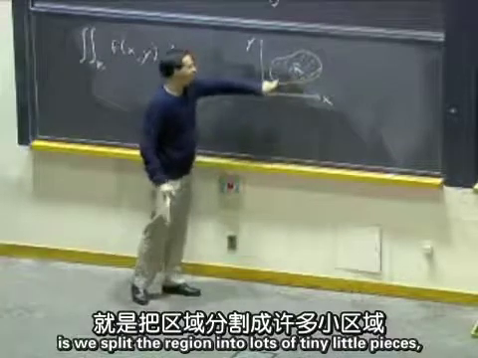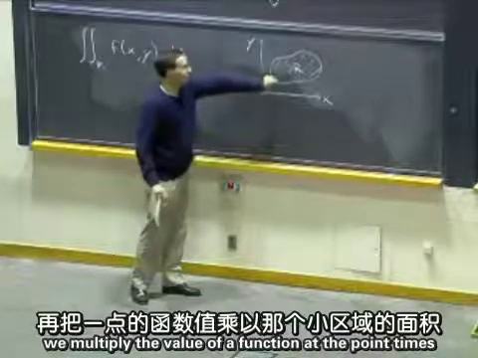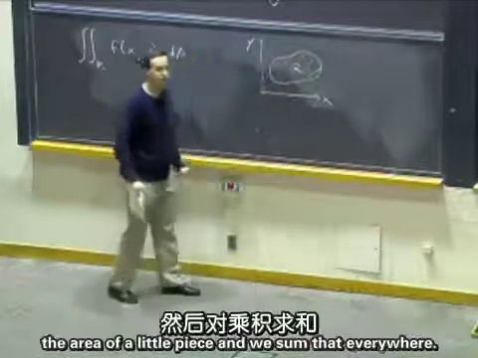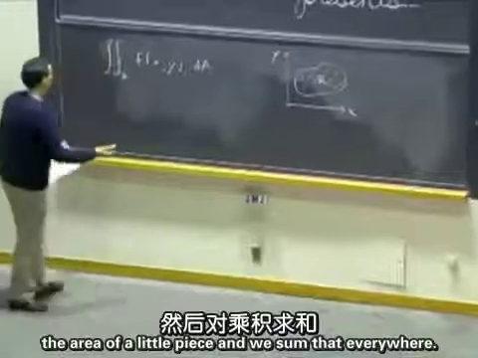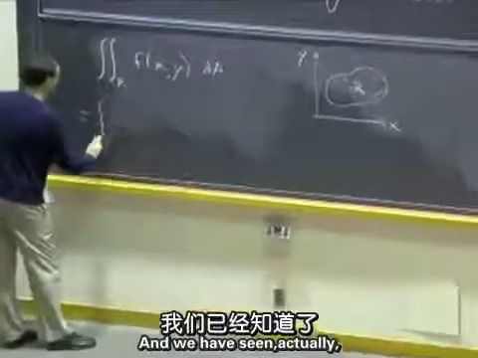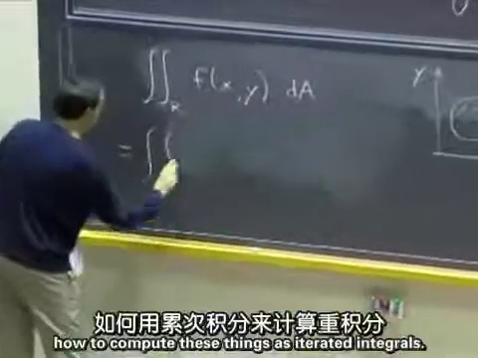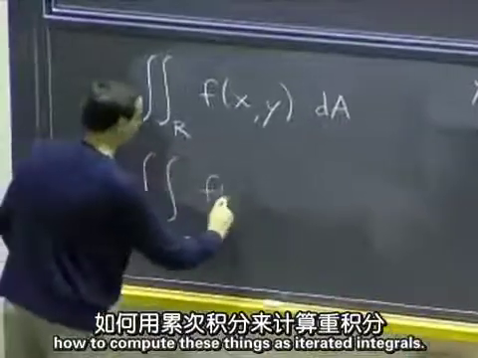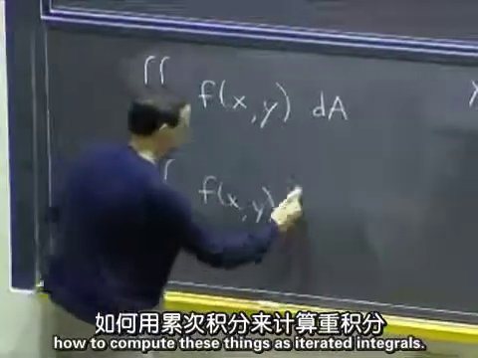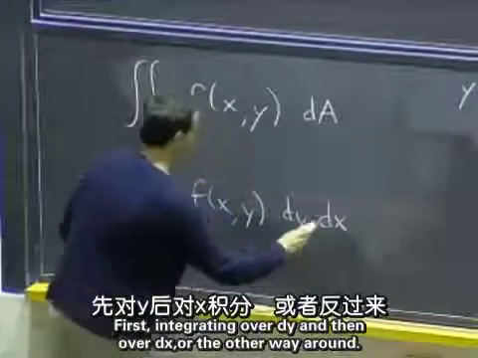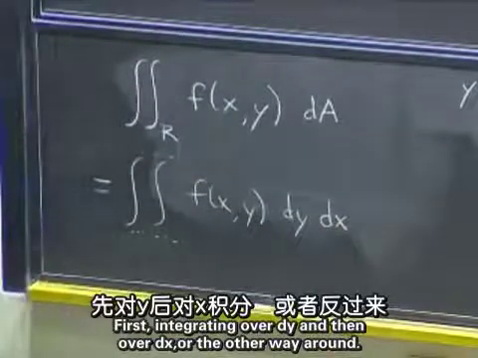We multiply the value of the function at that point times the area of a little piece, and we sum that everywhere. And we've seen how to compute these things as iterated integrals, first integrating over dy, then over dx, or the other way around.